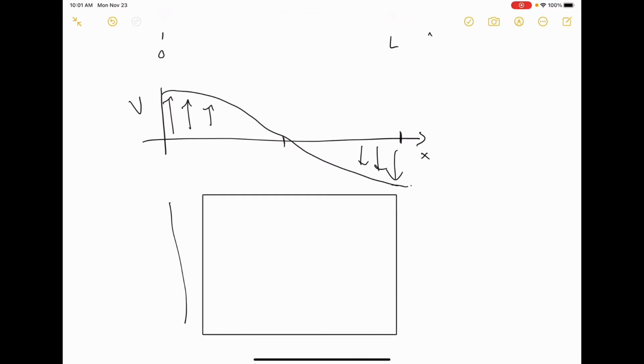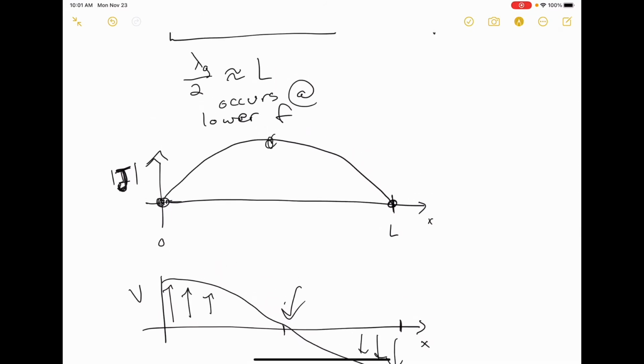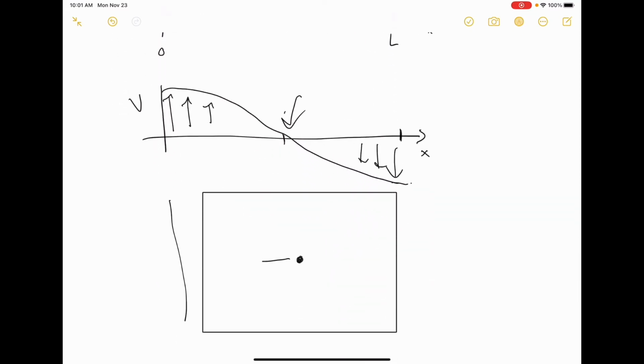If I choose the very center of the antenna, then I'm at a voltage minimum and I'm at a current maximum. If I move it over a little bit, the current voltage relationship is a little different. If I go all the way to the edge where we're very nearly an open circuit, the current is at a minimum but the voltage is at a maximum. So I have a lot of flexibility here in choosing my feed point to match this antenna. So this is an input impedance tuning thing.